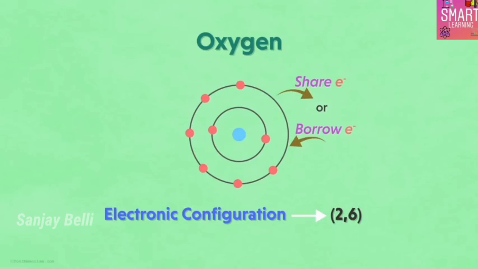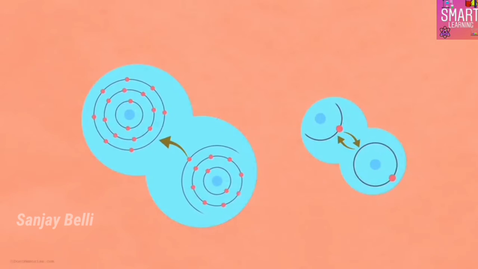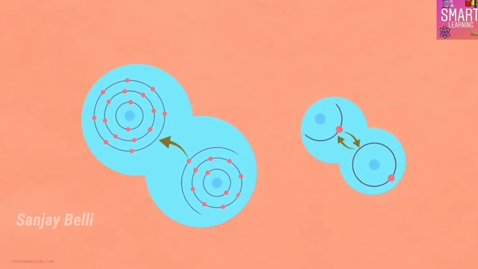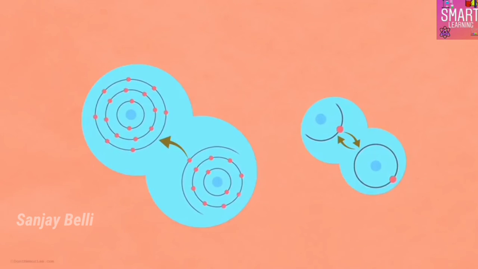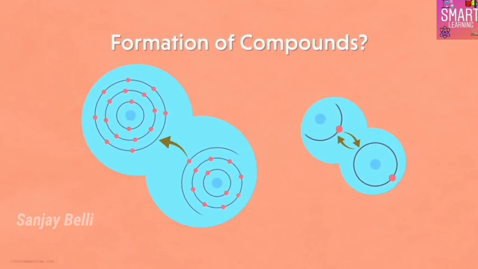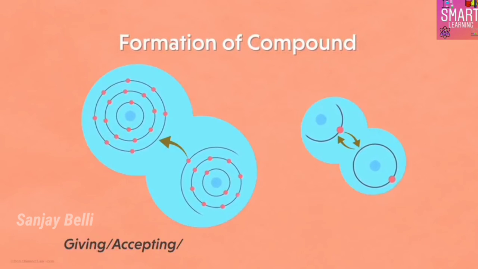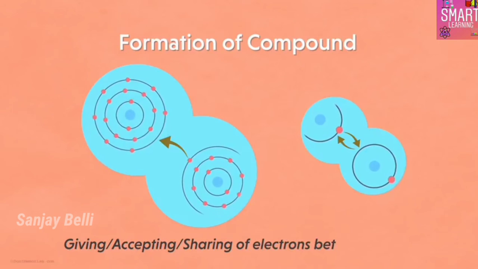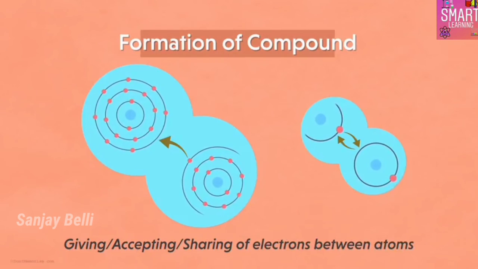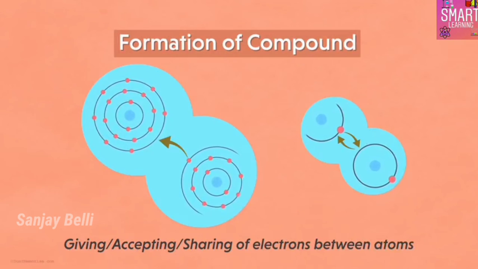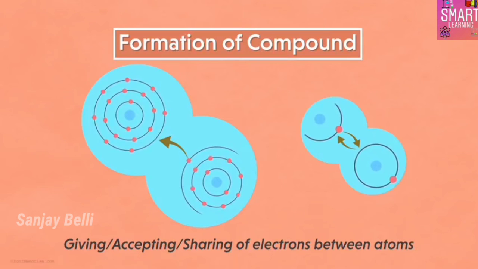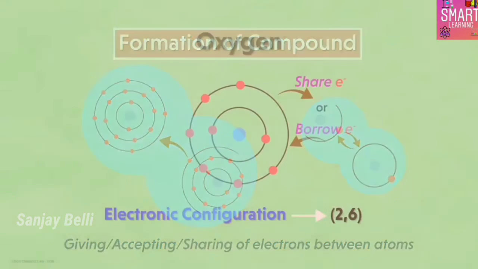Are we saying chemical reactions occur because atoms of various elements give, take or share electrons between them? That's correct. And this is how compounds are formed. Absolutely. The giving, accepting or even sharing of electrons between the atoms of elements gives rise to the formation of chemical bonds. This ultimately gives us a compound.